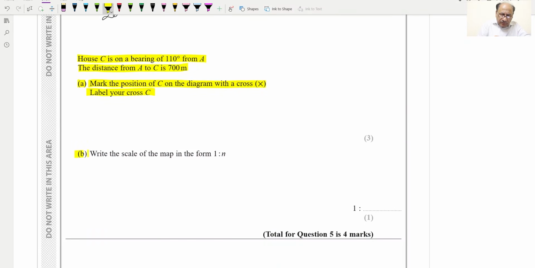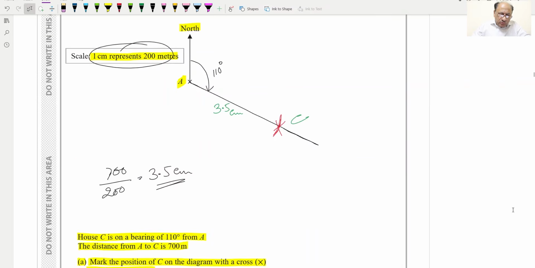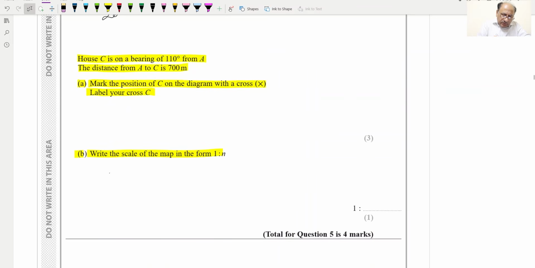Next, part B: write the scale of the map in the form 1 is to n. We have this scale as 1 centimeter is to 200 meters.